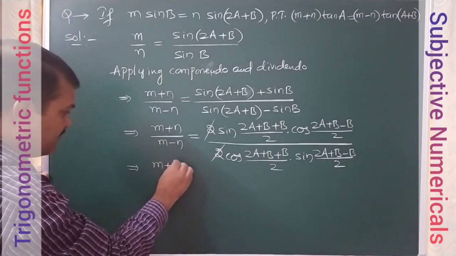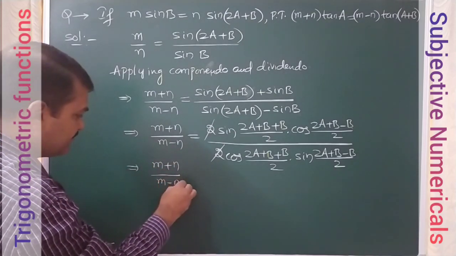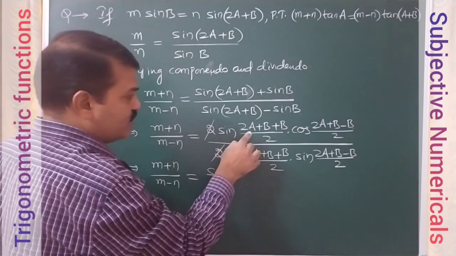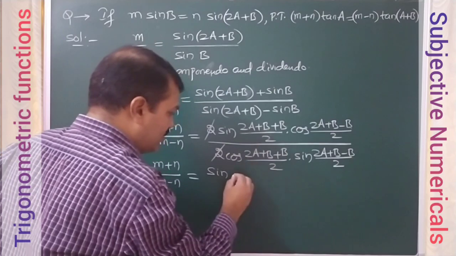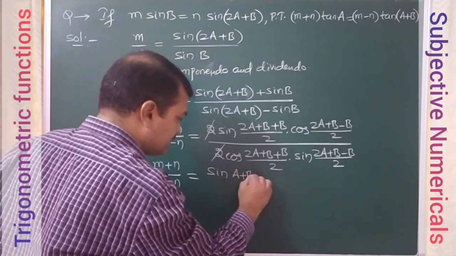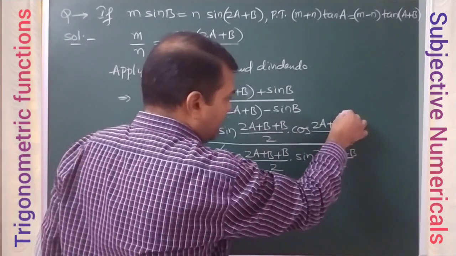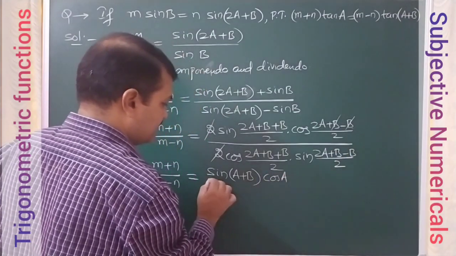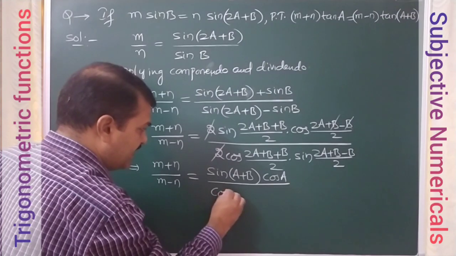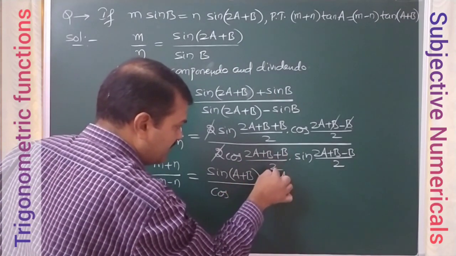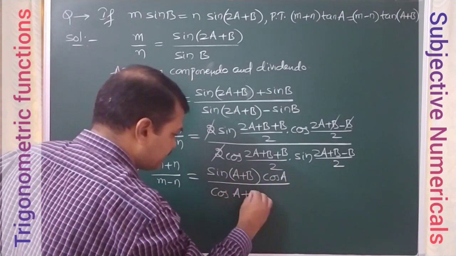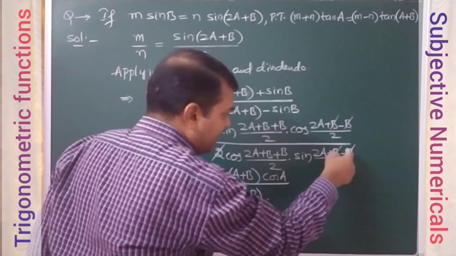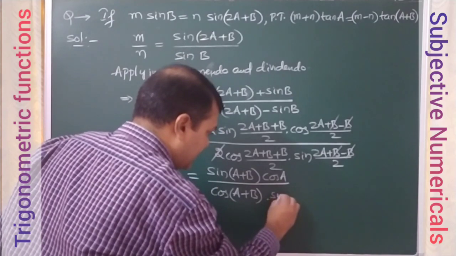So we will get m plus n by m minus n is equal to numerator sin 2a plus 2b by 2, that means a plus b. This b minus b cancels, 2a by 2, so cos a. Denominator sin, same, 2a plus 2b by 2, a plus b. Next b minus b cancels, 2a by 2, sin a.